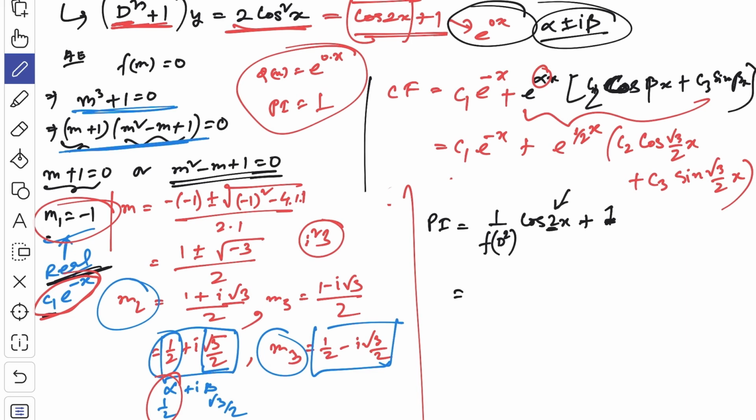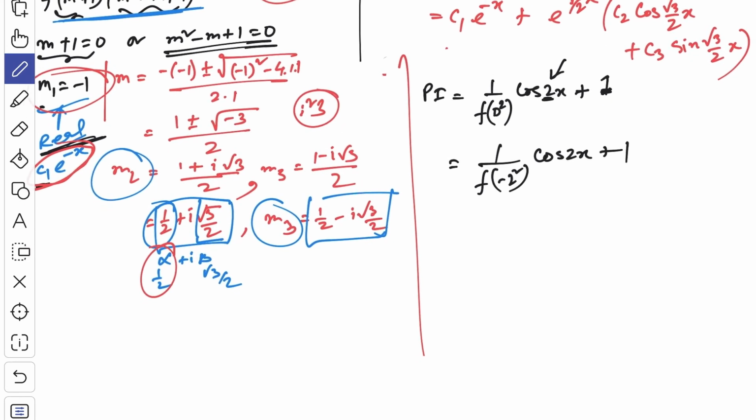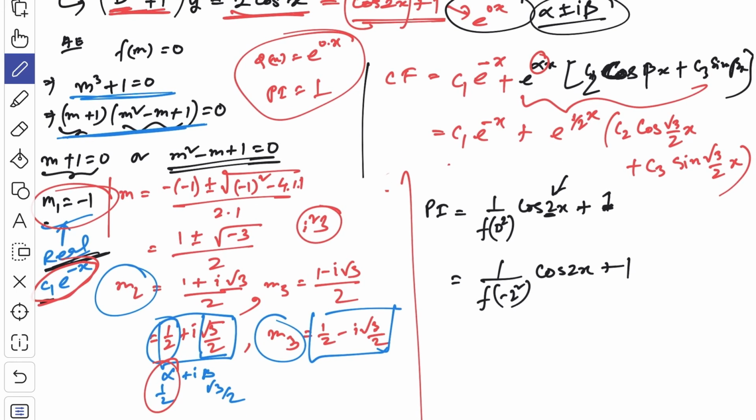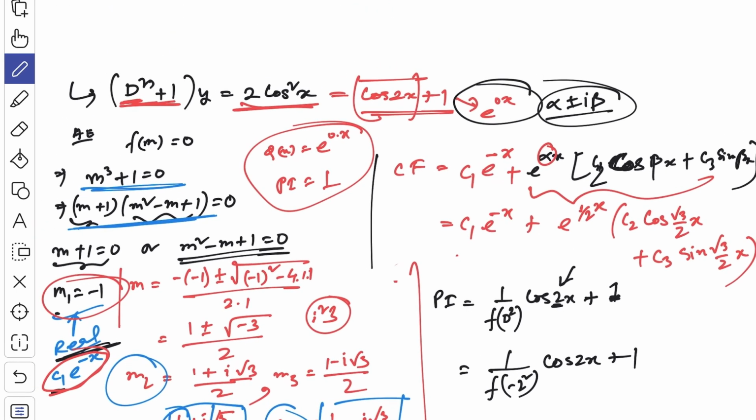In this case, a is 2 (twice x), so we will get 1 by f of minus 2 square, and cos twice x plus 1. And here you see, in this equation there is no d square term, so this d cube can be written as d square into d plus 1, isn't it?